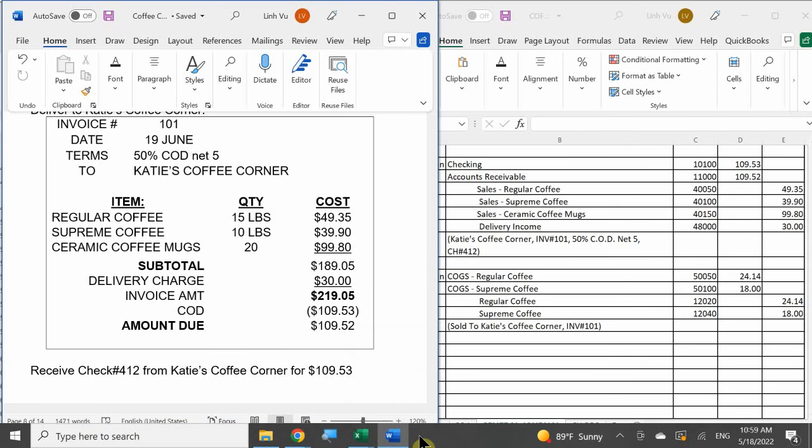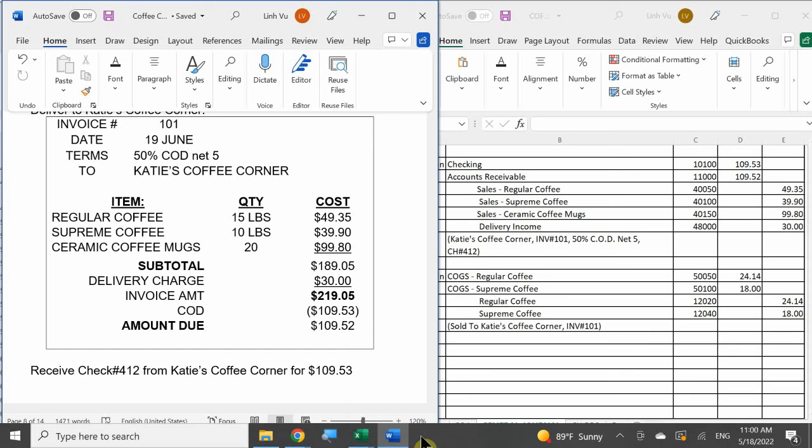Well, no, right? Because it's periodic. Correct. Good. You don't care to keep track of it because in this case, we have periodic inventory, right? When do we actually calculate how much we actually sold? At the end of the period.